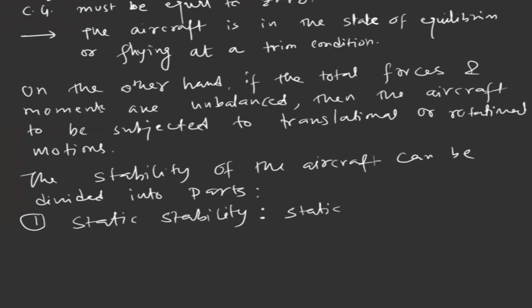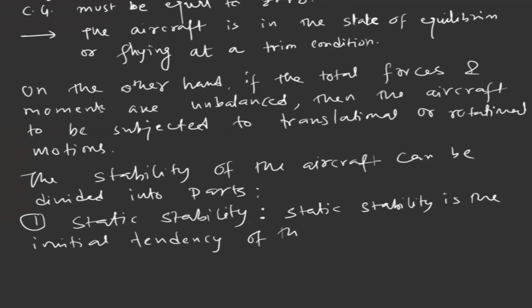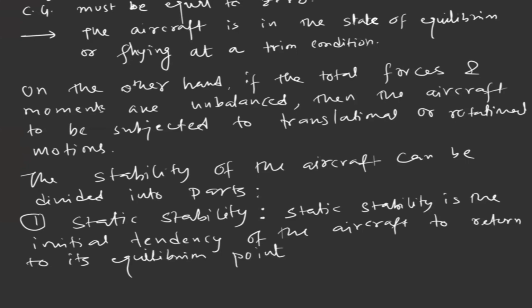Static stability is the initial tendency of the aircraft to return to its equilibrium point after a disturbance.